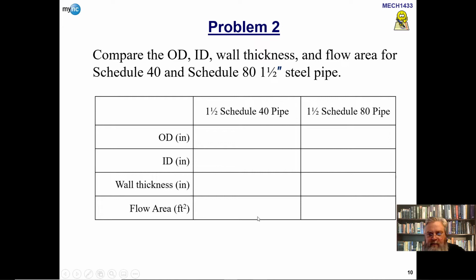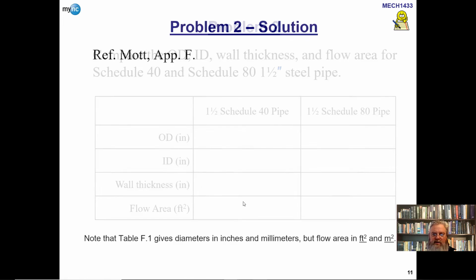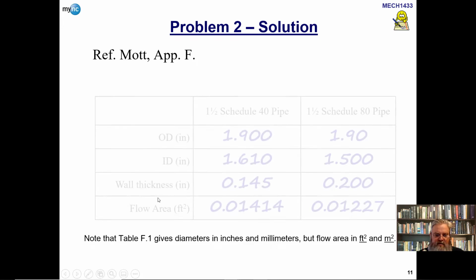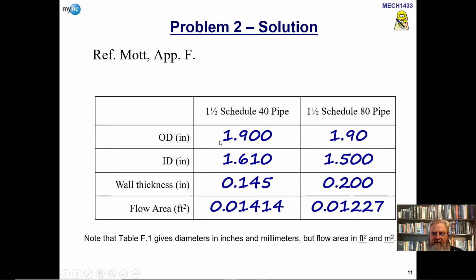All right, I bet you've done that, and I bet you have numbers that look kind of like this from MECH Appendix F. This is what I found. The outside diameter of a 1.5-inch pipe sounds like it should be 1.5 inches, and isn't. It's 1.9 inches. And it's that for a Schedule 40 and a Schedule 80 pipe. The difference isn't the outside diameter. Between these two pipes, the difference is the inside diameter.